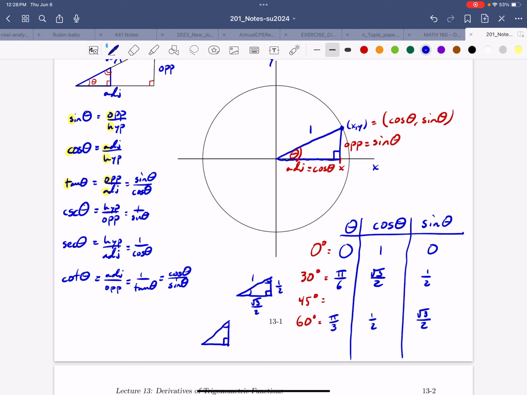Where that's a right angle, and these two angles are the same. They're both 45 degrees. It turns out that, again, if our hypotenuse is 1, both these sides wind up having length root 2 over 2. Right? So anyway, 45 degrees is pi over 4. This winds up being root 2 over 2, root 2 over 2.